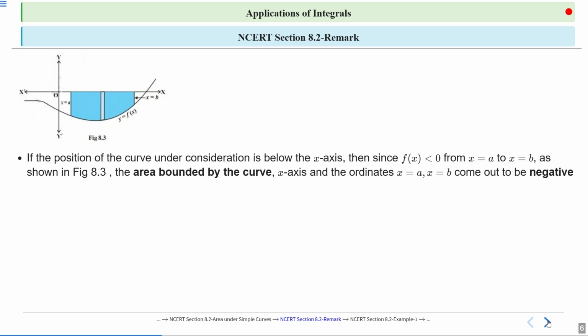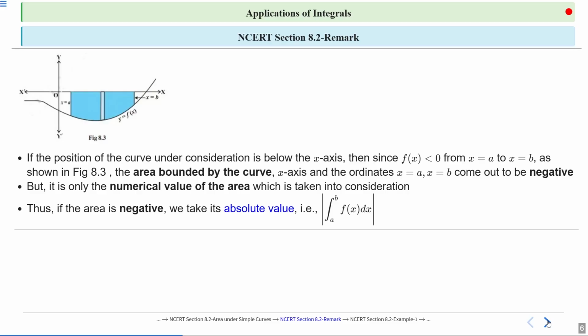But in this region, f(x) is less than 0. The area bounded by the curve, the x-axis and the ordinates x = a, x = b comes out to be negative, because f(x) is less than 0. But it is only the numerical value of the area which is taken into consideration.